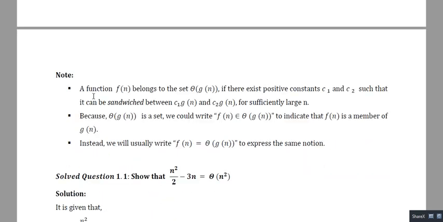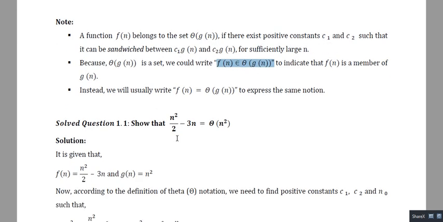So we can write f(n) equal to theta of g(n) if f(n) lies between c1 into g(n) and c2 into g(n), and symbolically we can also write it like this: f(n) belongs to theta of g(n), or we can say f(n) is a member of theta of g(n), right?